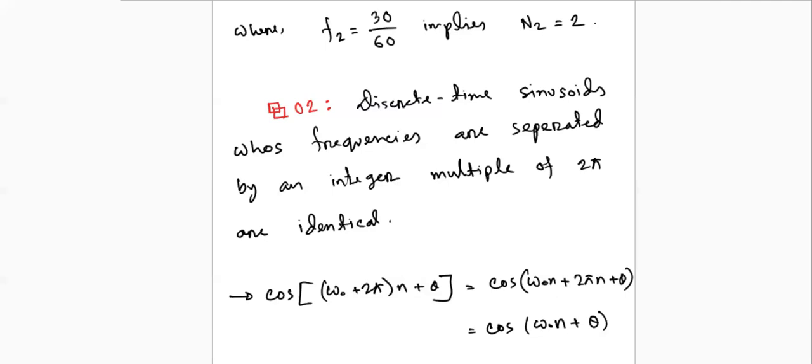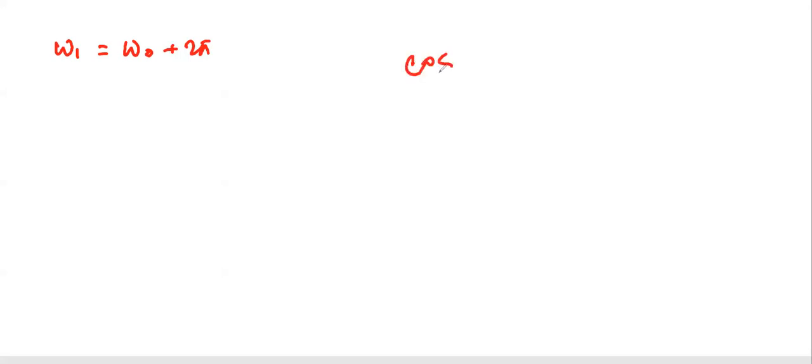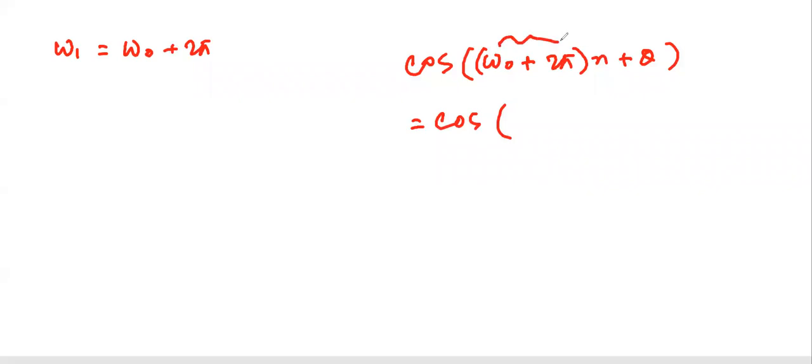By these characteristics, if I try to show you what I have already mentioned, omega 1 is equal to omega 0 plus twice pi. We have already mentioned it. So how can we prove that? We write it like this: cos of omega 0 plus twice pi, times n, plus theta.